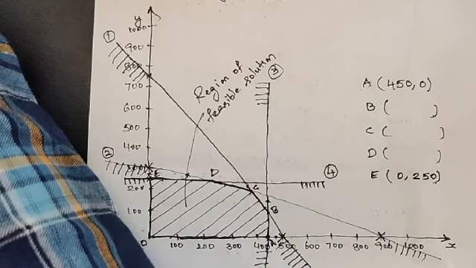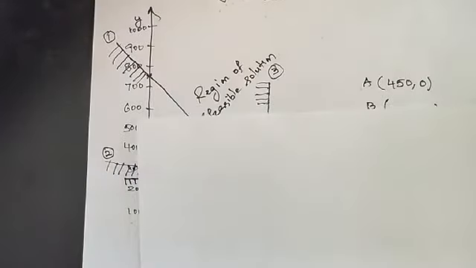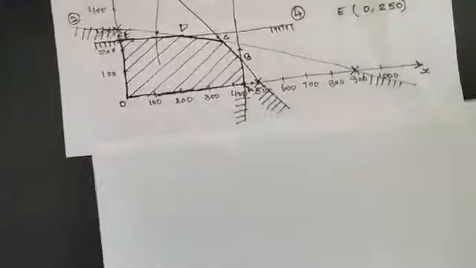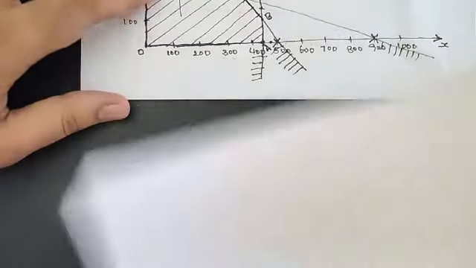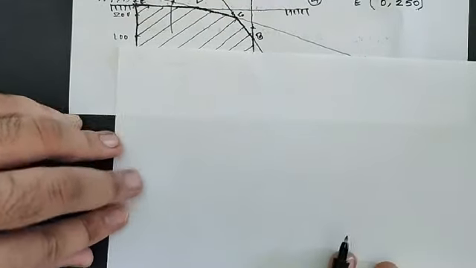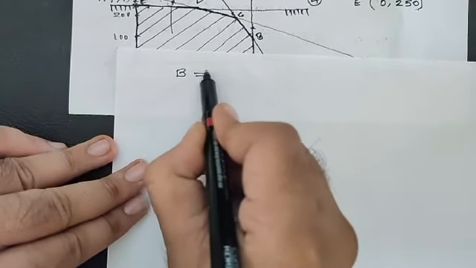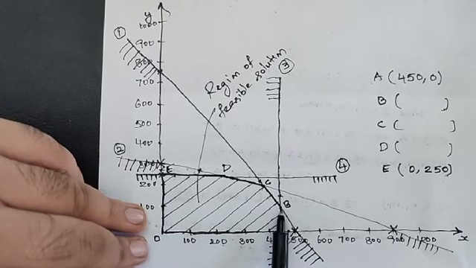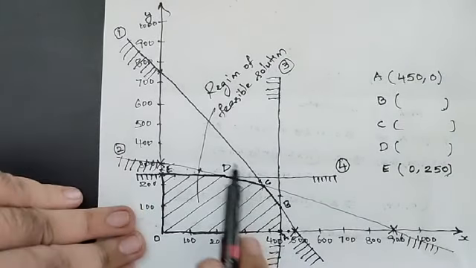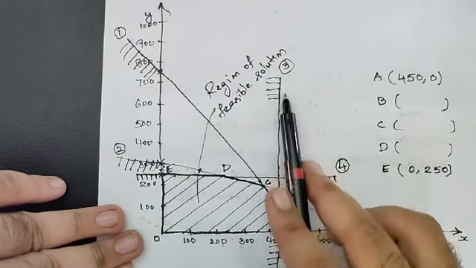Okay, so first coming to point B, I need the value of point B, the vertices I require. So how is point B formed? If you observe, point B is formed because of the intersection of line 1 and also line 3.